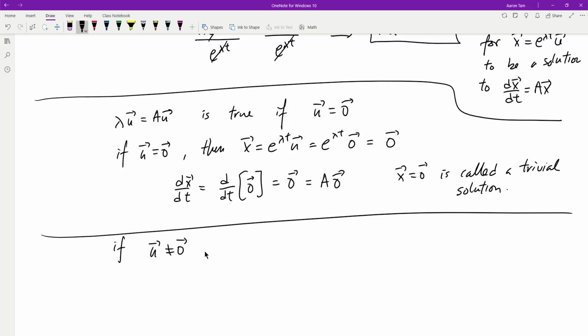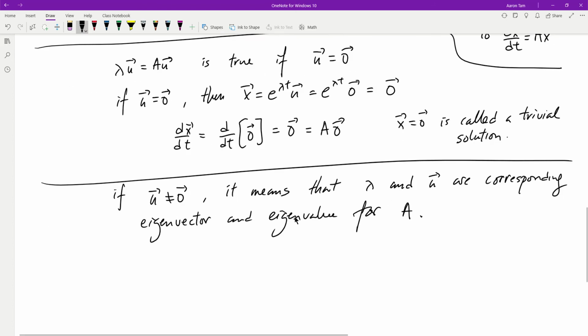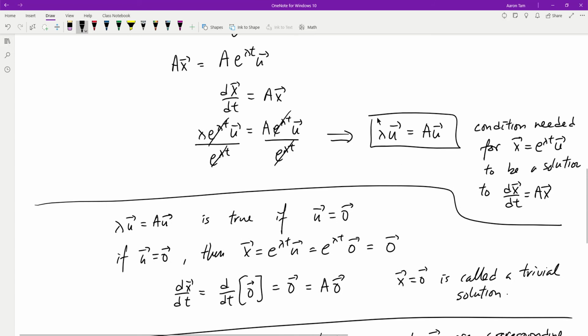And in this case, it means that lambda and vector u are the corresponding eigenvalue and eigenvector for the matrix A. So if we can figure out the eigenvalue and eigenvector for A, then those would satisfy this statement right here, the one in the box, and therefore allow us to form our solution.